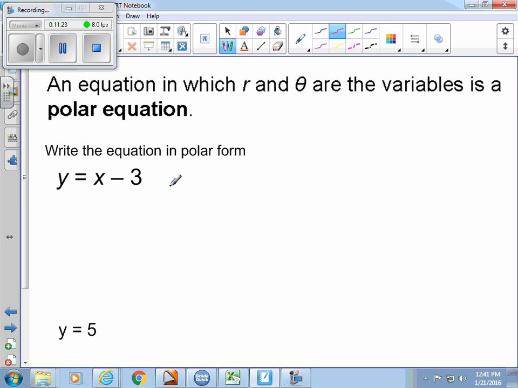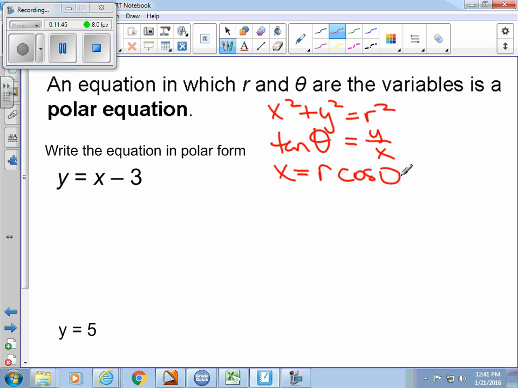Okay, these are rectangular coordinates, and I want to write the equation in polar form. You have 4 equations to help you. That's why you need to know these. If you didn't write these down, you need to. So I have x's and y's. I want r's and thetas. So, any ideas?